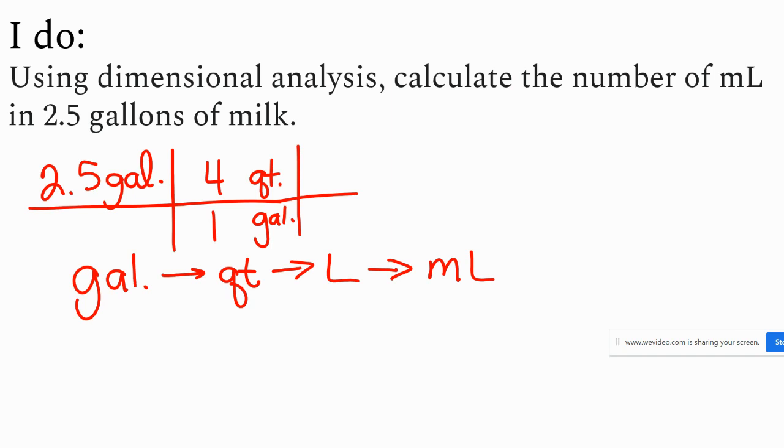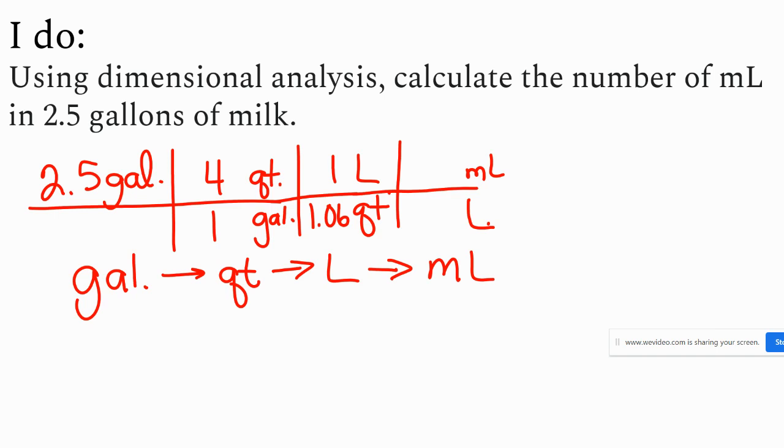See, it's a quarter of a gallon. That's what a quart is. Quarter of a gallon. And then I'm going to take my quarts into liters. And then I've got to take my liters into milliliters.